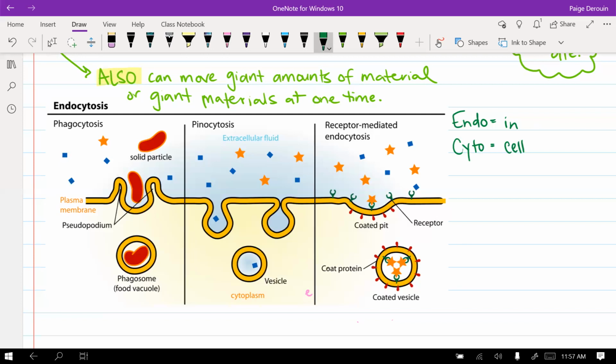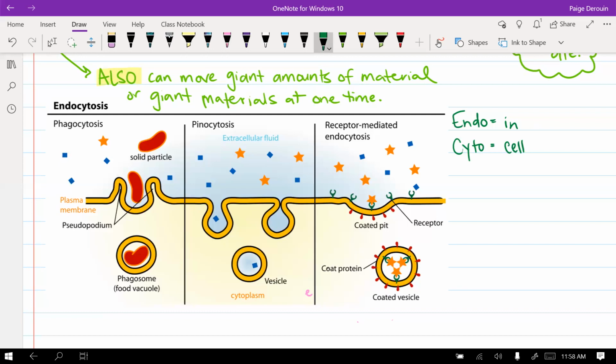And when the star molecules attach, it triggers this pit to start to form, just like it did here, which results in only the stars being inside the cell. So it would be like a specific hormone that was a signal, or a specific food type that needed to be absorbed by the cell. It could use receptor mediated.